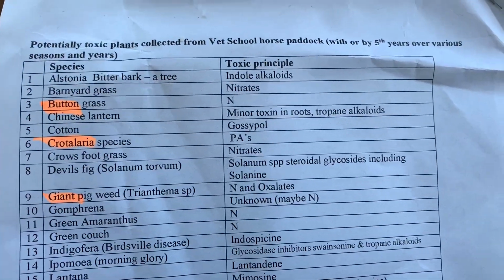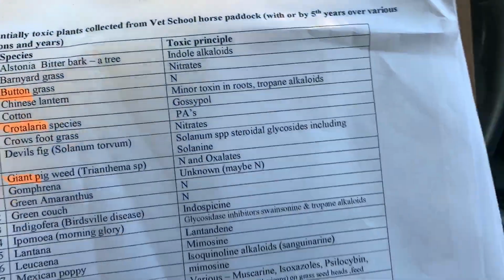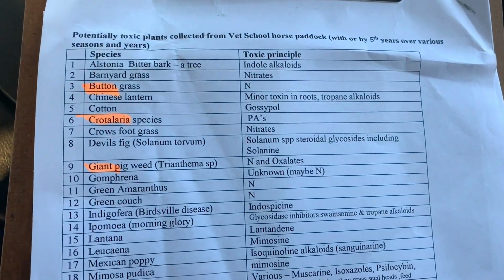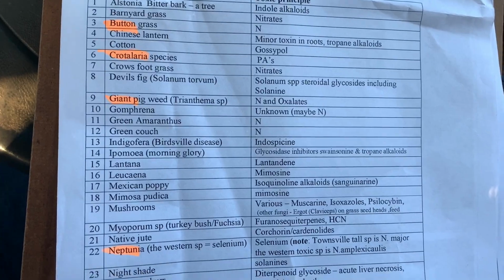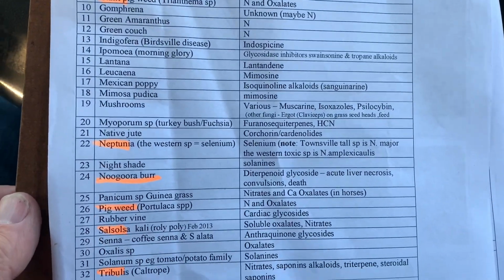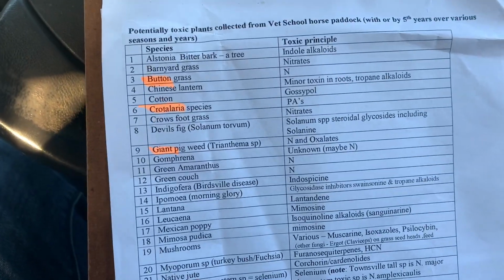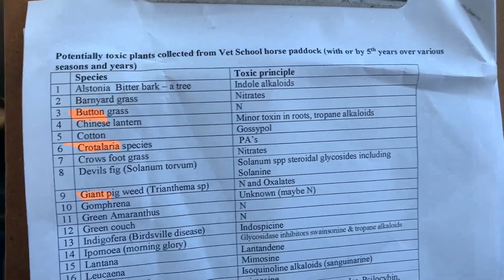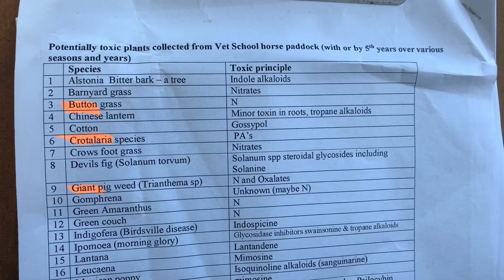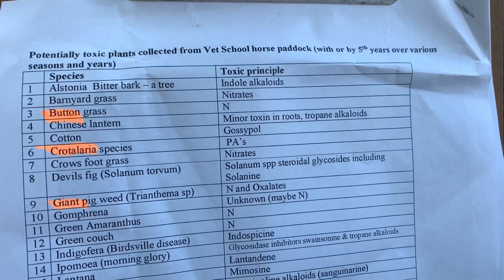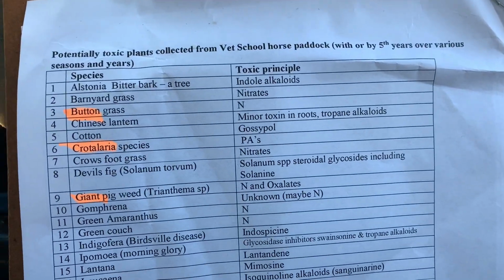So that pretty much wraps up our paddock walk, paddock survey, and it's interesting to note that I think we saw 18 or 19 of these different toxic plants. So hopefully that's a refresher for you, and you'll keep toxic plants at the top of your minds in the future, and I'm sure you'll come across cases.